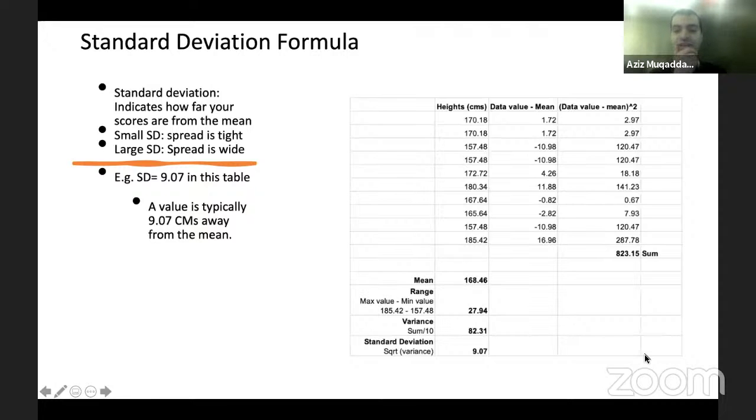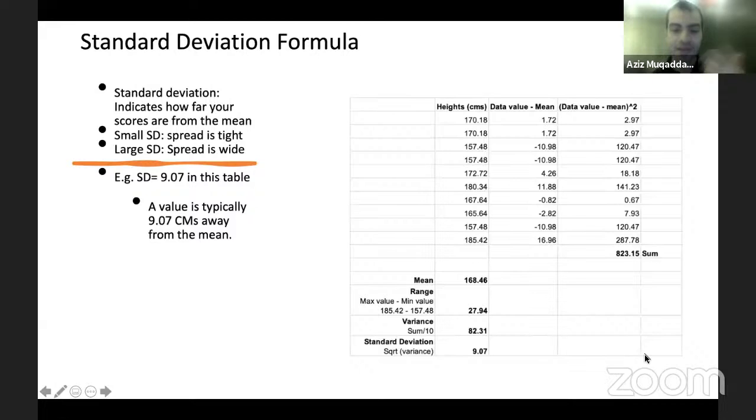So what is the point of standard deviation? Standard deviation basically tells us how spread out the data set we have is, right? We mentioned before that you can calculate the variance, that is to say, the average distance of a given point from the mean, so how far away each point on average is from the mean.